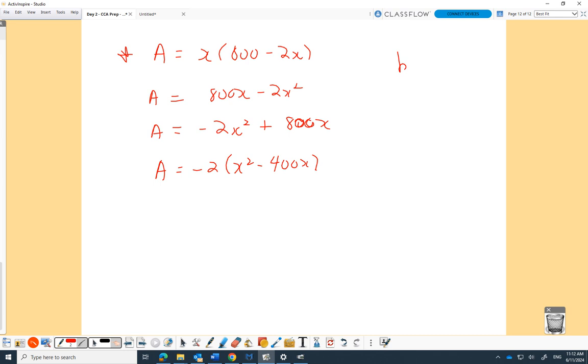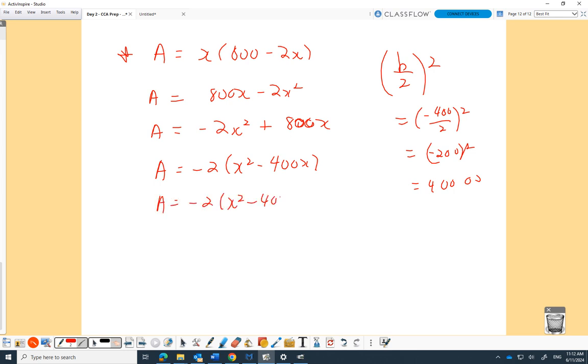Get your magic number. B over 2 squared, which is negative 400 over 2 squared, which is negative 200 squared, for 40,000. Area equals negative 2 x squared minus 400x plus 40,000 minus 40,000.